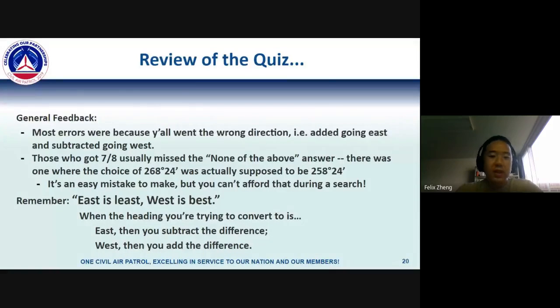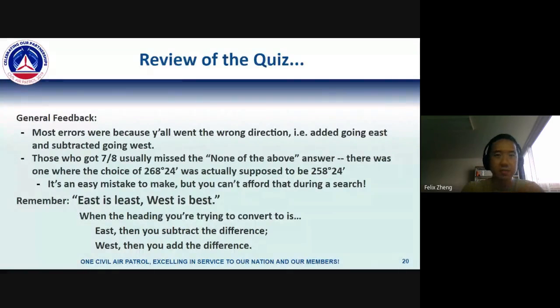So make sure you pay attention to questions like that. It's an easy mistake to make, but on a search, you really can't afford to make that error. And the review item is you got to remember east is least, west is best. So when the heading you're trying to convert to is east, then you subtract the difference.